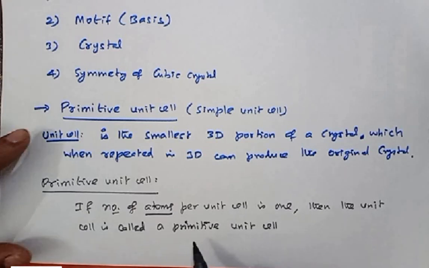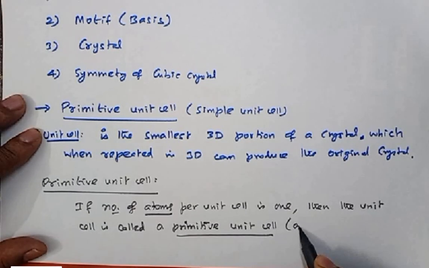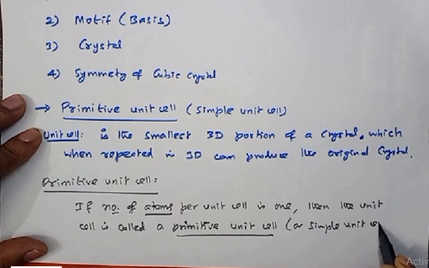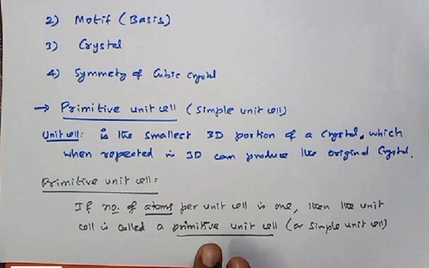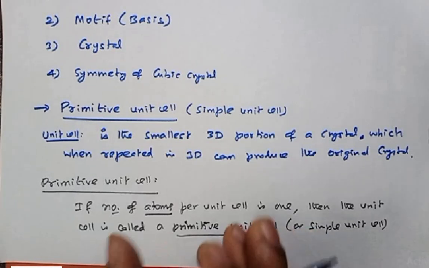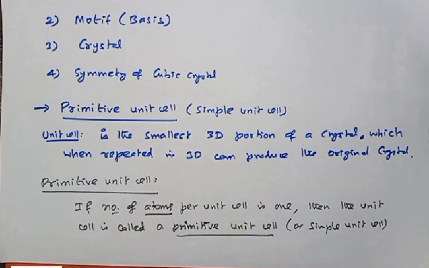Primitive unit cell can also be called a simple unit cell. So keep this point in mind. In simple unit cell, number of atom per unit cell is 1.